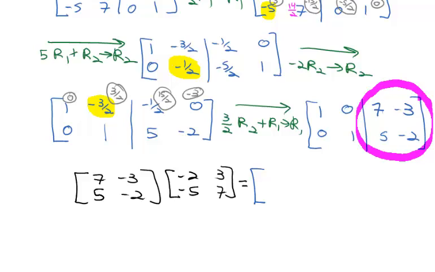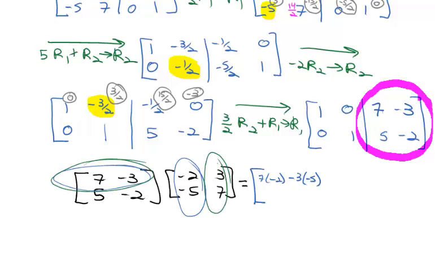We'll go through this really quick. First row, first column, 7 times negative 2 minus 3 times negative 5. Then we have first row, second column, 7 times 3 minus 3 times 7.